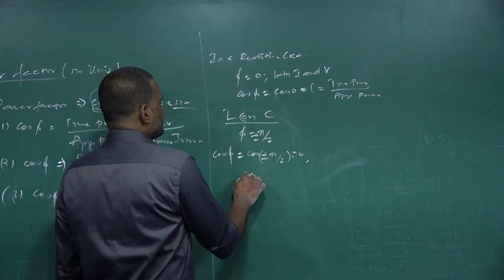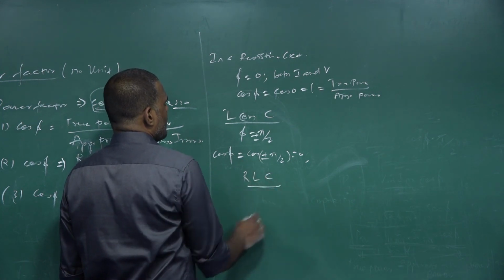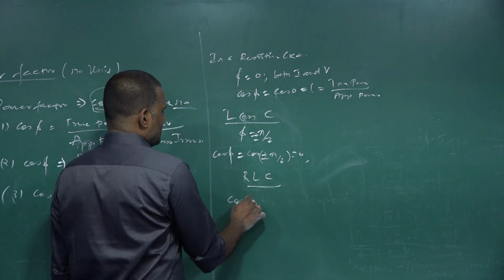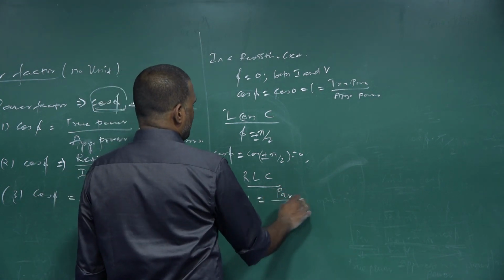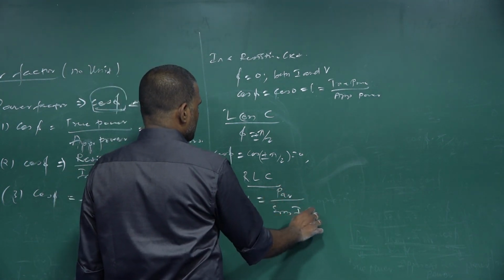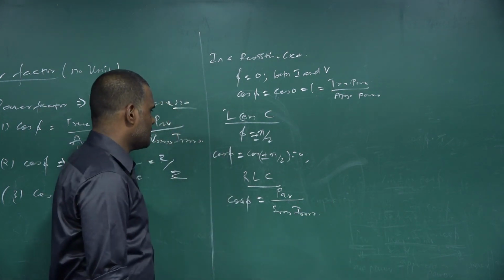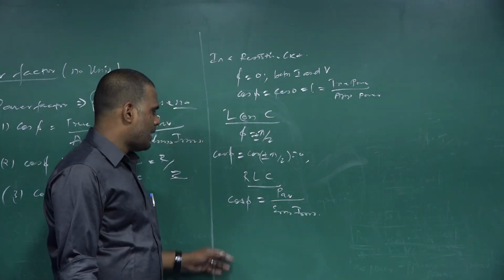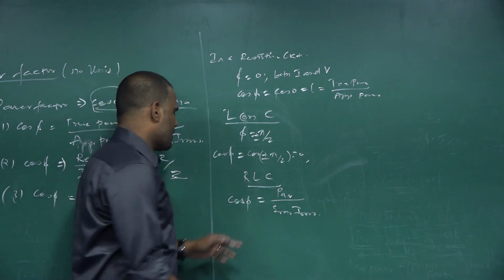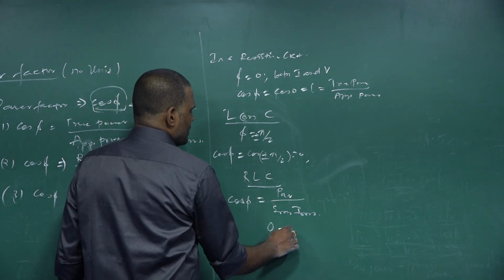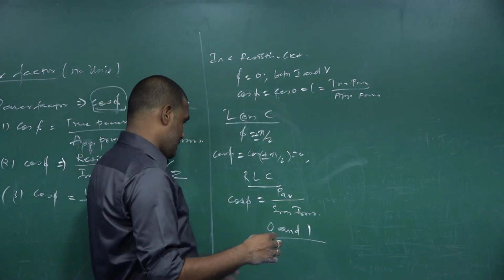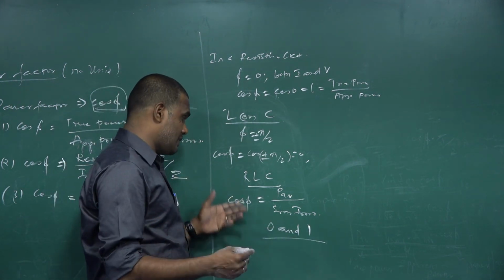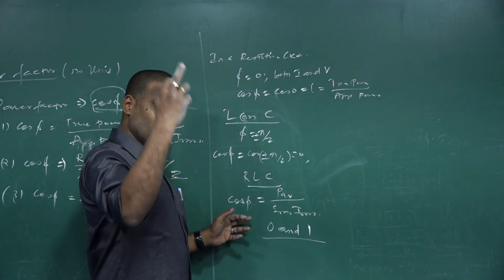In an RLC series circuit, cos phi is equal to P average divided by ERMS IRMS. The value of power factor in an RLC circuit ranges between 0 and 1. The maximum value of the quotient is 1, so the power factor has a maximum value 1.